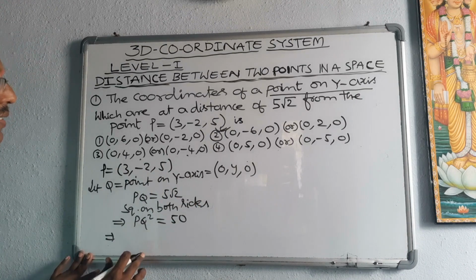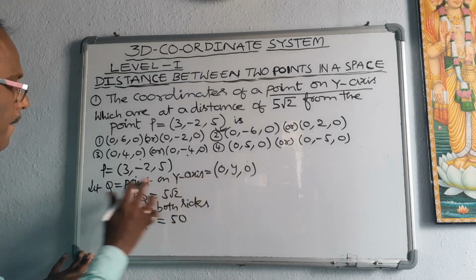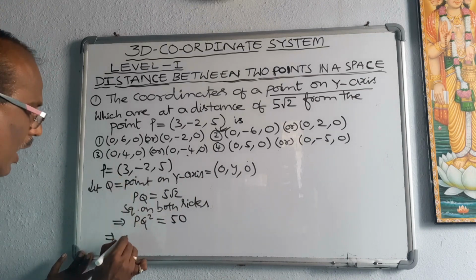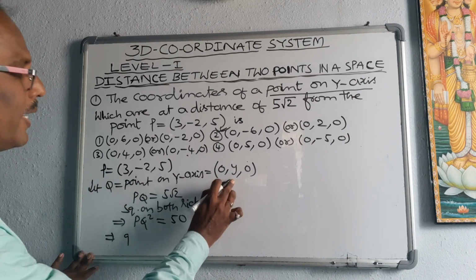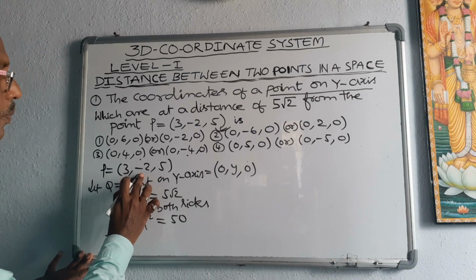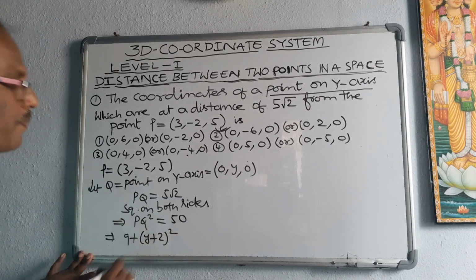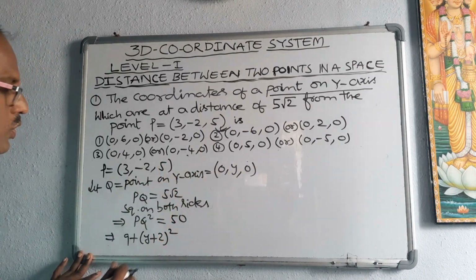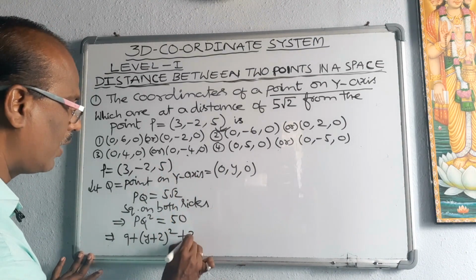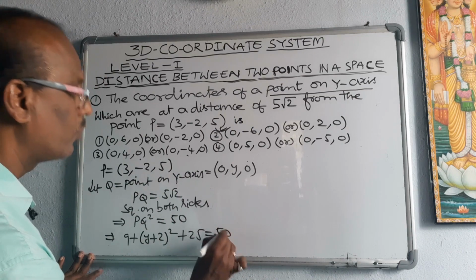The square root gets cancelled here. (0 minus 3) whole square, the value is 9. (y minus of minus 2) is y plus 2, whole square. (0 minus 5) whole square is 25, equal to 50.